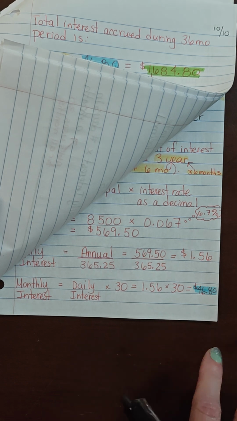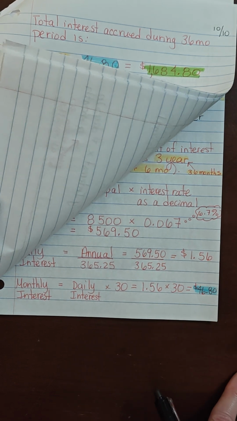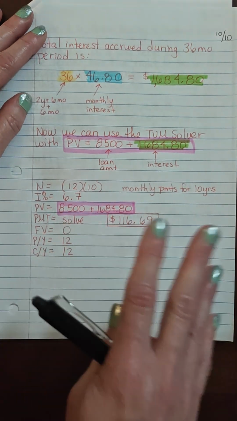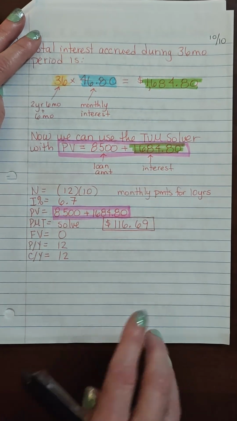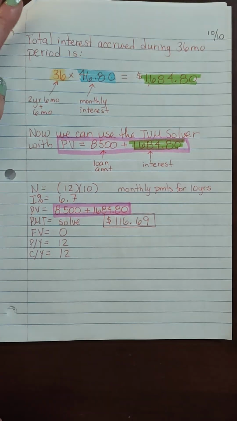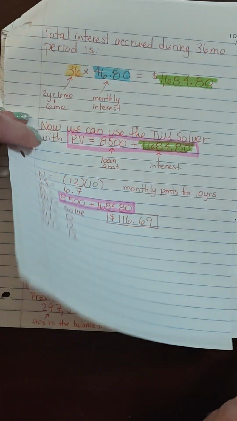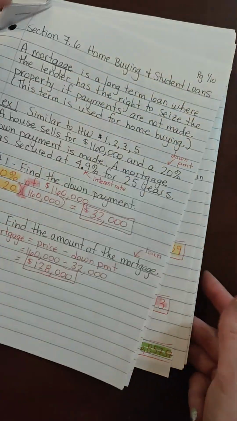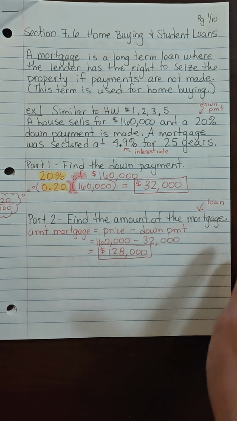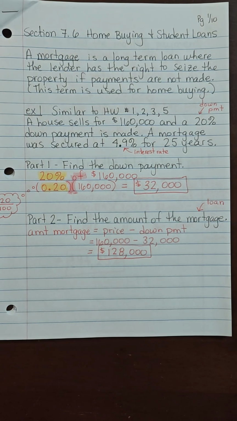So that gets a lot hairier, okay? Once you calculate all that interest, then it gets added on. Now, Alex just tries to simplify the process for us by just saying, hey, let's just assume a 30-day month. But I just want you to know that that process is not quite real world, but close enough. So, all right, I know this was a really long one, but this finishes up 7.6 for us.